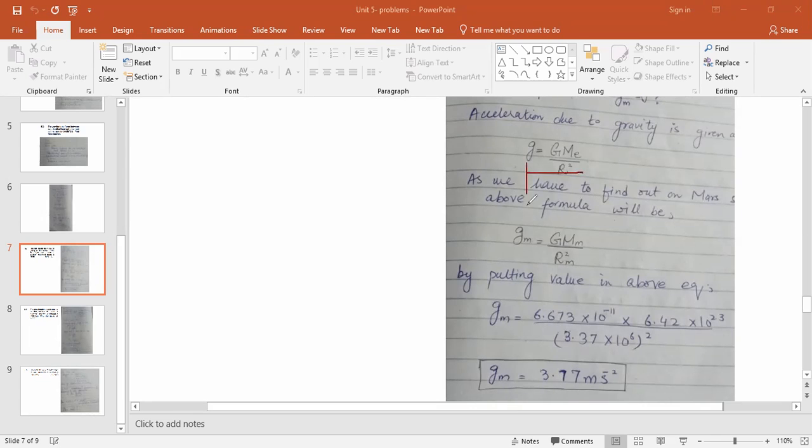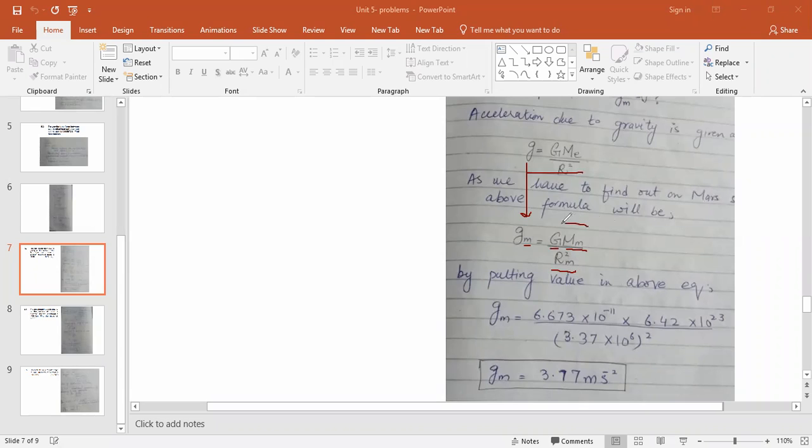So this g, if you see, we write m with this g to represent that we have to find out the acceleration due to gravity on Mars. This G will remain the same, and then mass of Earth will be replaced by mass of Mars, and this radius distance is also replaced by the radius of Mars, right?